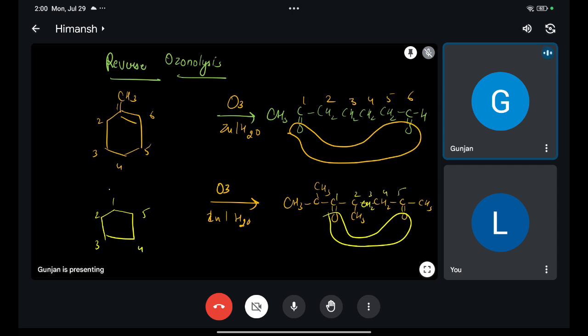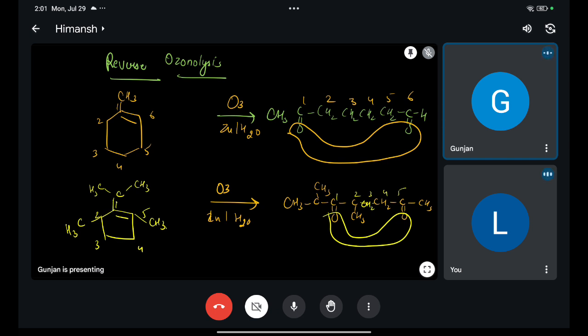First carbon contains CH3, CH3. In between first and fifth carbon there is a double bond. Second carbon contains CH3 and fifth carbon contains CH3. Getting it or no, how I have drawn the structure?